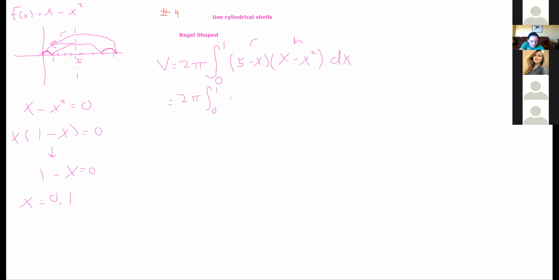So again, with these problems, the hardest part is the setup. Once you get here, it's not hard to multiply this out and integrate. If I can do math, that should be right. And then we're going to go ahead and integrate.